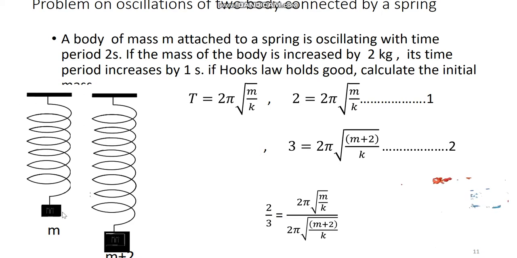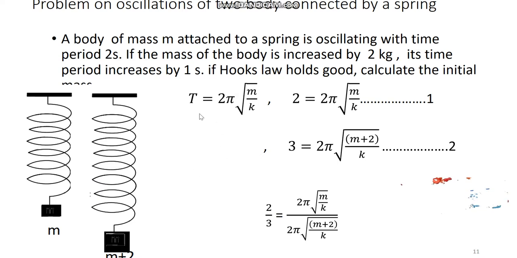This is the initial mass. M is the mass we have to calculate, and this is the spring to which mass M is attached, and the time period of oscillation is given as 2 seconds, and if the mass is increased by 2 kg, its time period increases by 1 second, the problem says, and we have to calculate the initial mass.